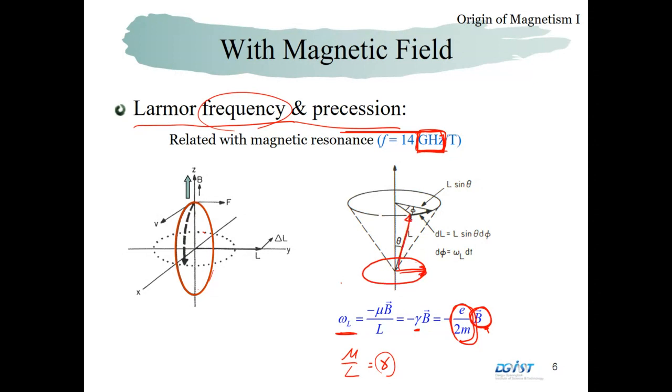But if L is at a certain angle theta, they have such motion. But if theta is 90 degrees in this form, they are rotating in this motion. This is the case. L is here, but with the magnetic field, they are rotating in this form.